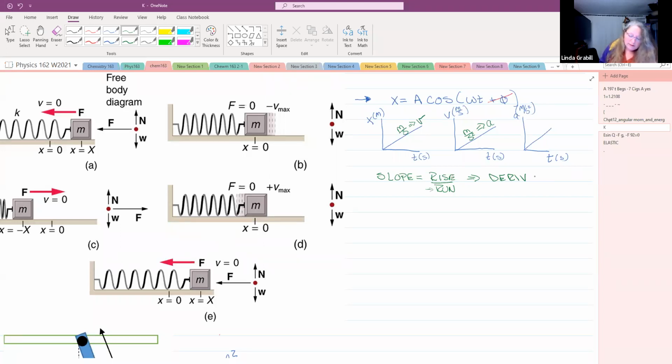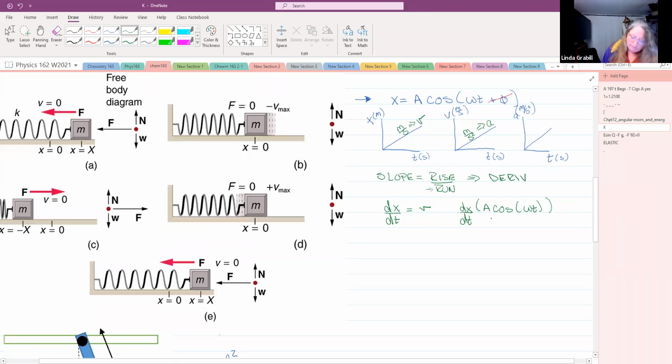So if I look at the derivative of position over some amount of time, that gives me velocity. So if I go dx/dt of this A cosine omega t, what do I get from that?